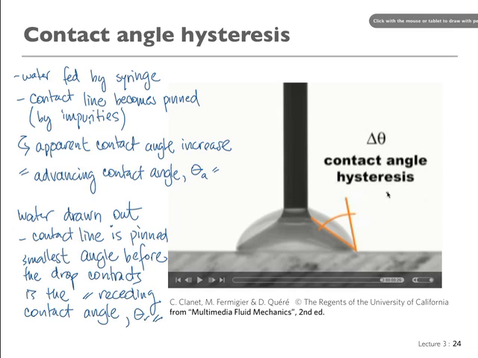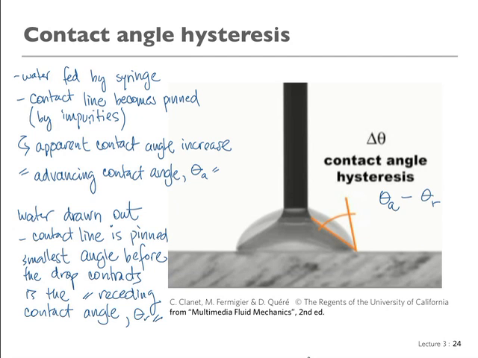The contact angle hysteresis is basically theta A, the advancing contact angle, minus theta R. That difference in this real situation where we have impurities is what we observe. It is different from the ideal situation of a perfectly clean glass and perfectly clean water, which will always reach the same contact angle that you might obtain from the tables of properties.